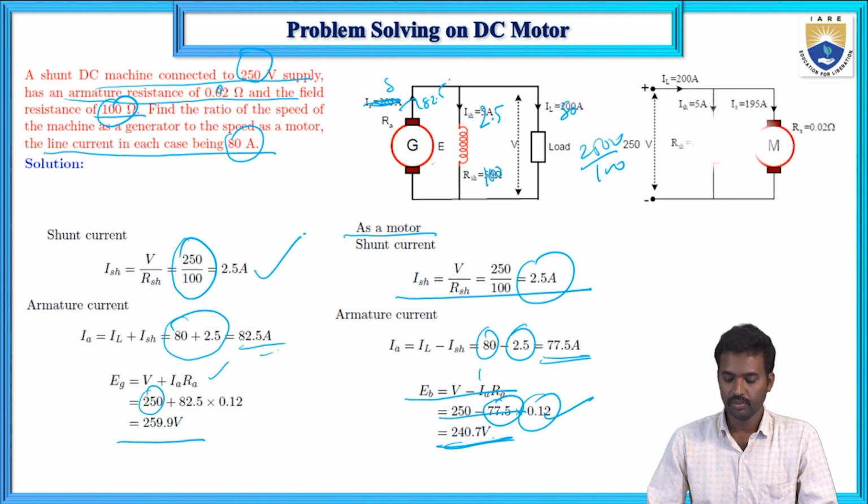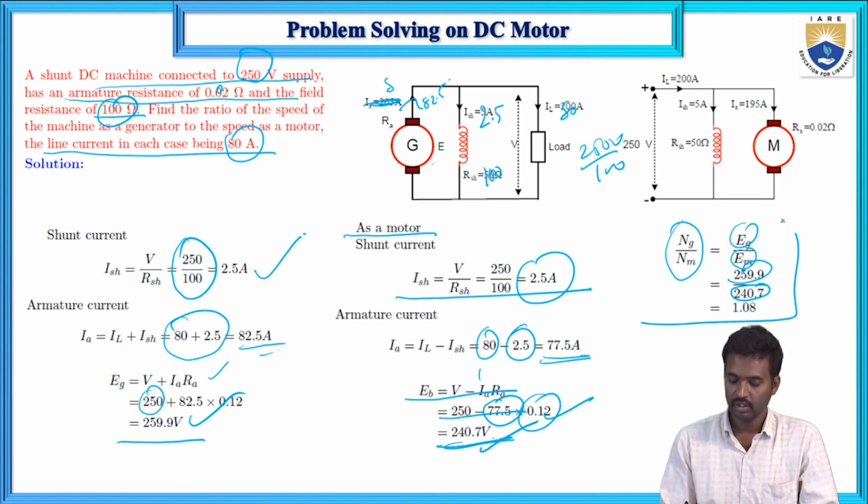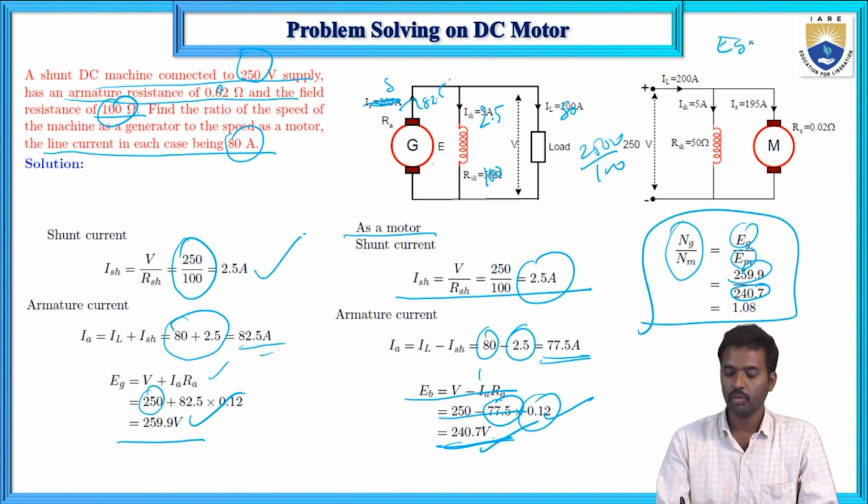Now the ratio: if one speed is for EG and the other for EB, this is 259 and this is 249, one divided by the other. EG is directly proportional to N, since EG equals Z N phi by 60 into P by A.